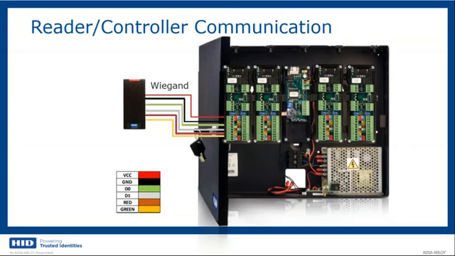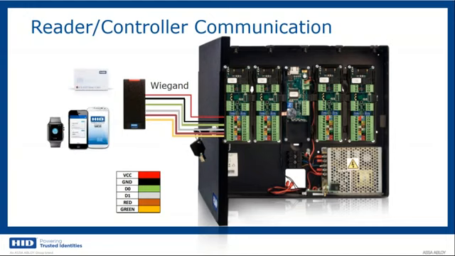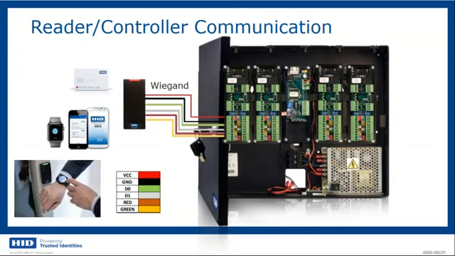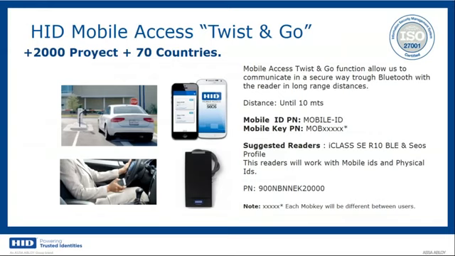So this is normally what we are going to connect. As you know, our readers are able to identify physical credentials, but also virtual credentials using your phone, your wearable, or even your tablet, okay? Right now, HID has a solution called HID Mobile Access.